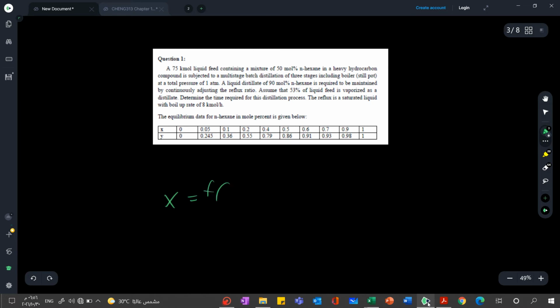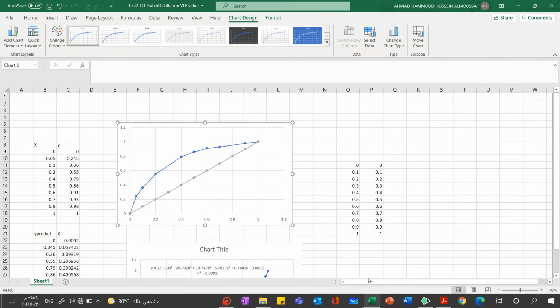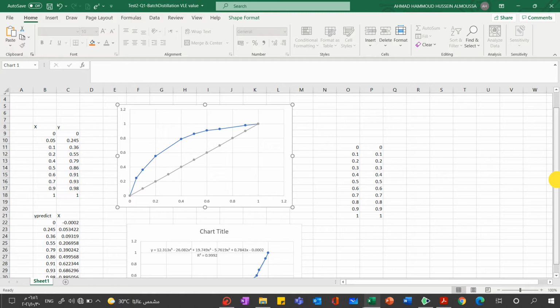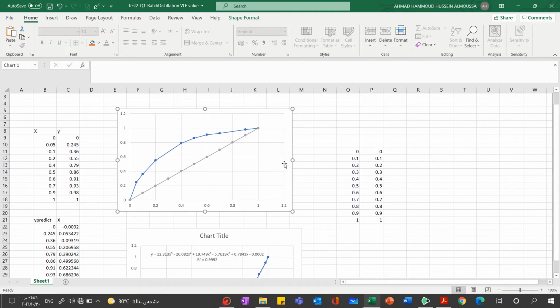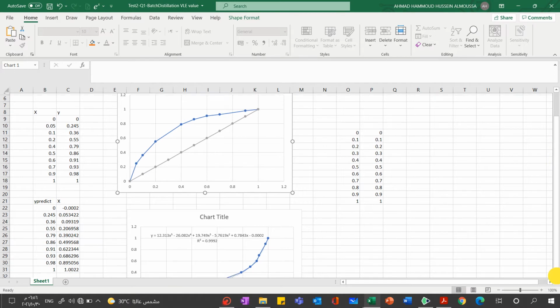Excel will make this for us. Excel actually makes everything easy for us, so you must take all the benefit from it. Let's begin with the way I found. First of all, you must do what I am doing here. After that, you put the values from the question.